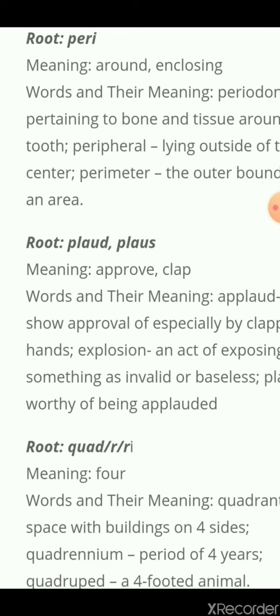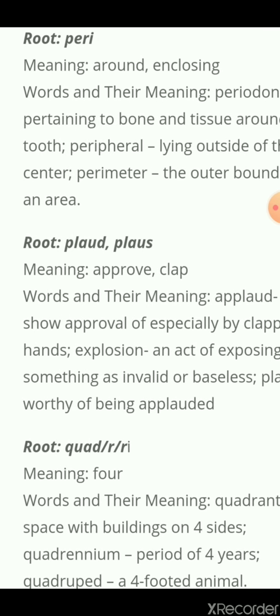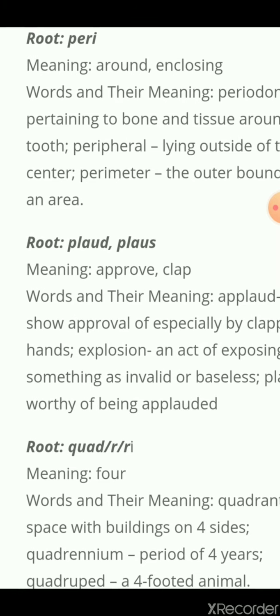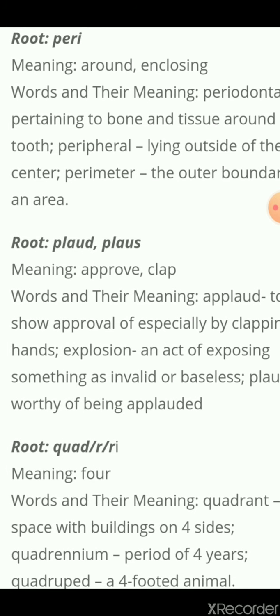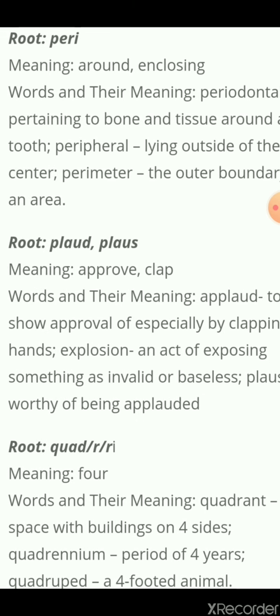So words and their meaning: applaud, to show approval of, especially by clapping with hands. Explode, to expose something as invalid or baseless. Plausible, worthy of being applauded. So wherever you get PLAUD, 95% of the time you can find a clue related to approval, related to clapping.